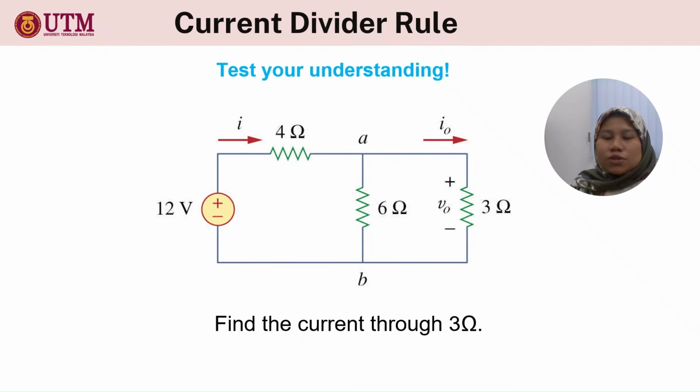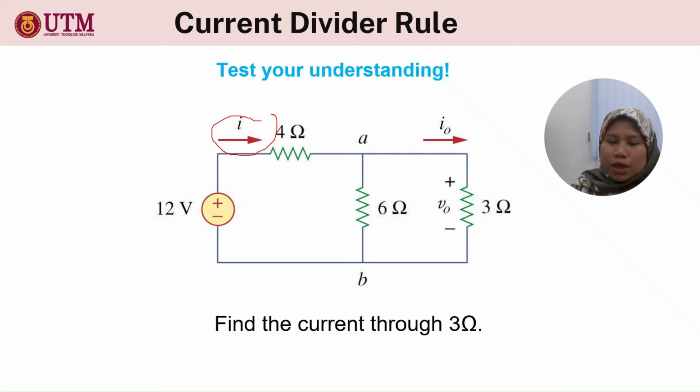Right, now we need to test your understanding, whether you understand what I'm saying or you are just sleeping throughout this video. Let's find the value of current going through this 3 ohm. Firstly, you need to find the current source.